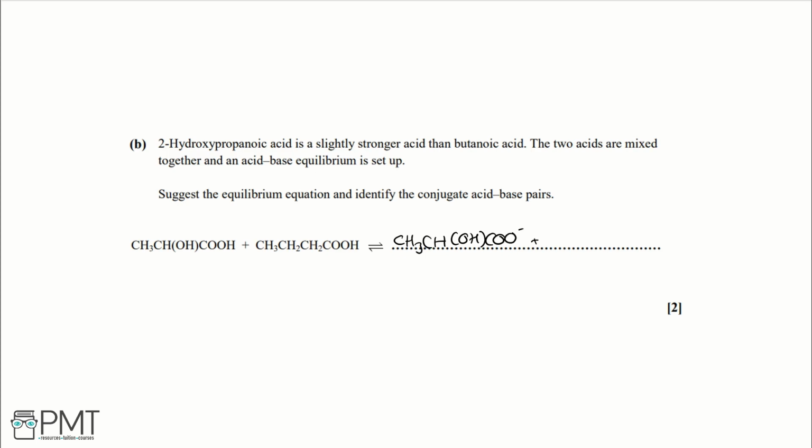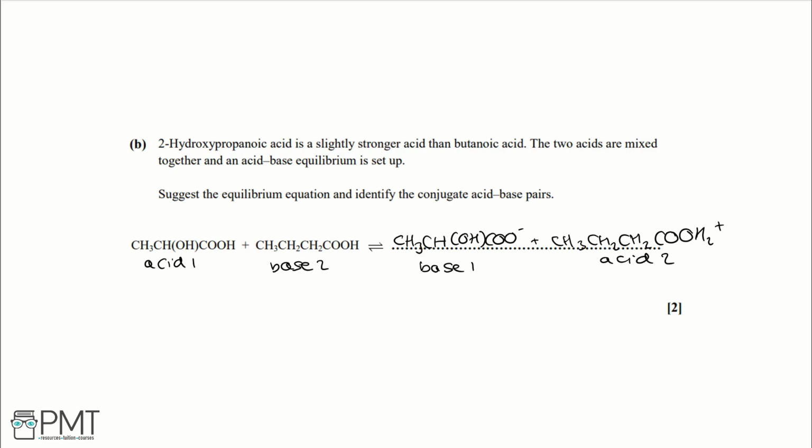And then because butanoic acid is the base in this situation, it's going to make a conjugate acid of CH3CH2CH2COOH2 plus. We can then label the acid-base pairs. So we have acid 1 and base 1, and then base 2, acid 2.